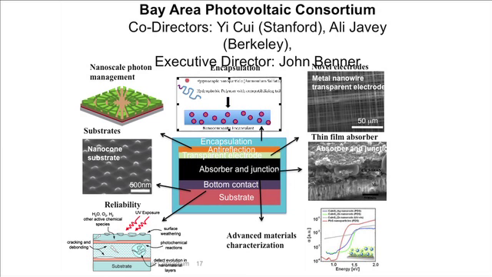How do you do the substrate, nanotexture the substrate to enhance the photon management, and advanced materials characterization, as well as reliability. Your solar cell needs to last 30 years. So we have faculty at Stanford right here, and also at UC Berkeley and SLAC and Lawrence Berkeley Lab and NREL, trying to team up to tackle the problems in these areas.